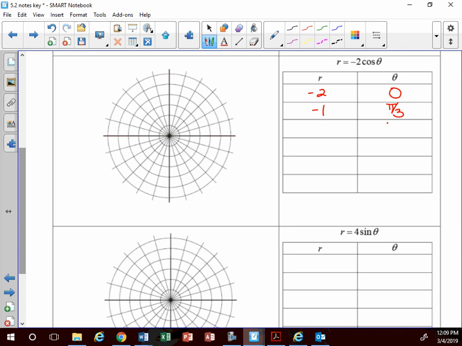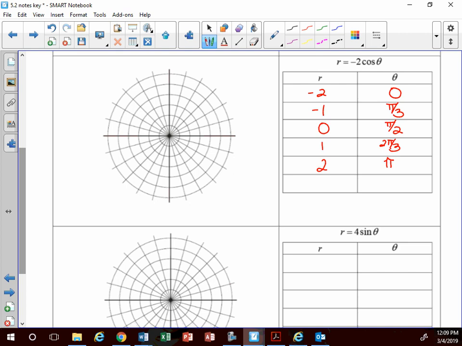Pi over 2. 0. 2 pi over 3. Negative 1. Pi. 2. Okay.